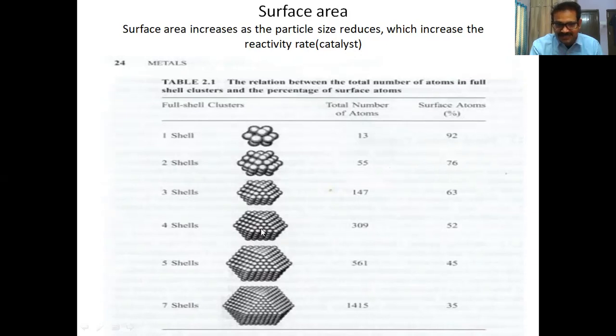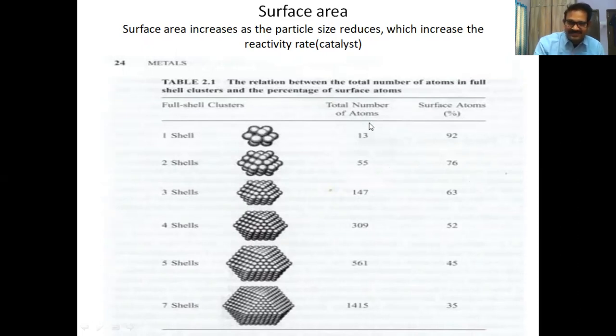When the size is increasing, the number of atoms exposed to the surface is decreasing. So this is what I'm saying: the size is decreasing, the surface area is increasing. Surface area increases as the particle size reduces.